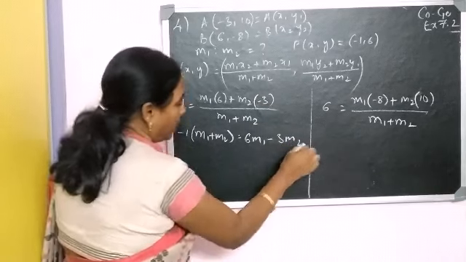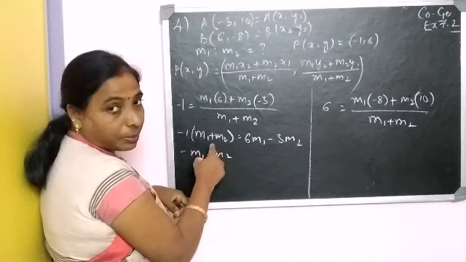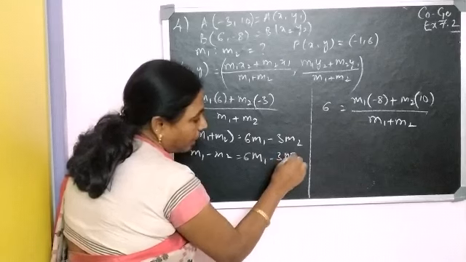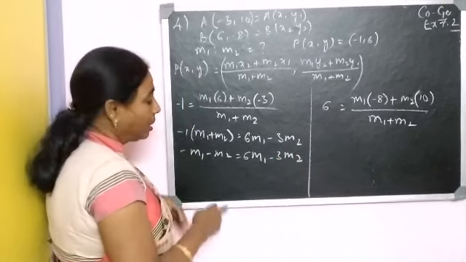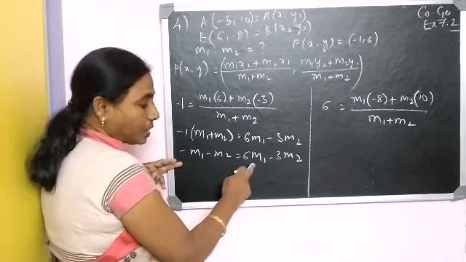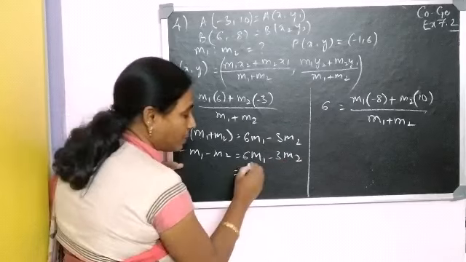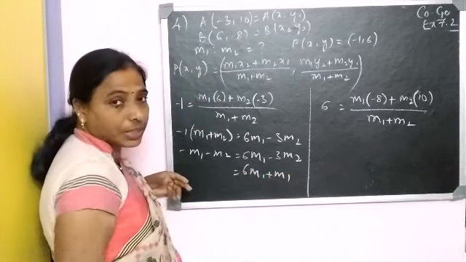Now this is minus m1 minus m2 because 1 is multiplied with this, is equal to 6m1 minus 3m2. m2 will take one side and m1 will take it to the one side. Therefore, it is minus m1, 6m1. So 6m1 as it is and plus m1, since minus m1 when it goes to the other side becomes plus m1.